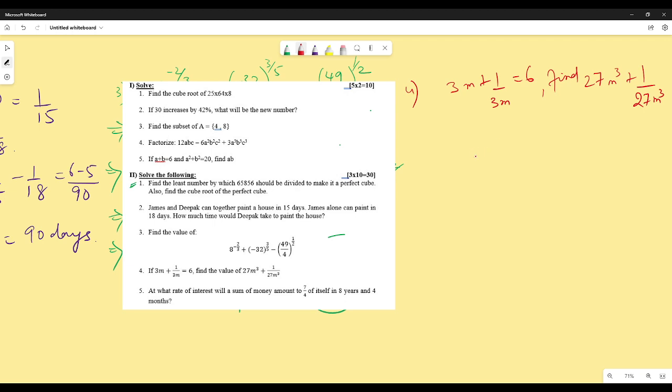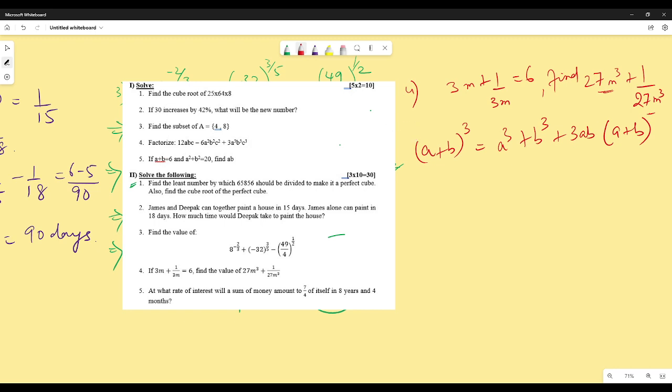Now first and foremost we need to know the identity. Over here you see there are cubes, right? So we need the identity: a plus b whole cube is equal to a cube plus b cube plus 3ab into a plus b. This is the identity.